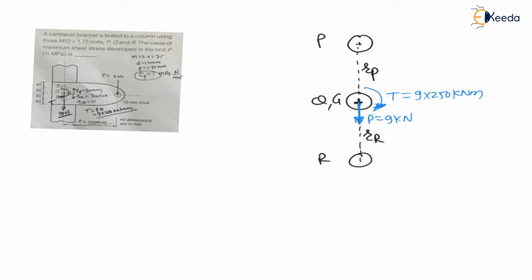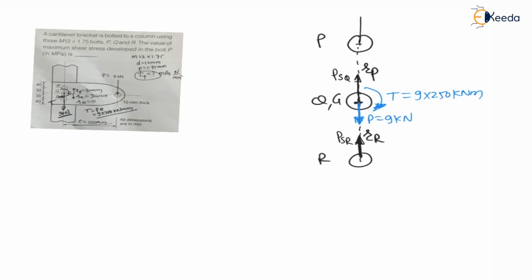Now my dear students, we know that to balance this 9 kilonewton there will be a primary shear in bolts R, Q and P, which is opposite to this 9 kilonewton acting in the downward direction. Therefore there will be a primary shear in bolt R of magnitude PSR. Again there will be a primary shear load in Q, which is PSQ.